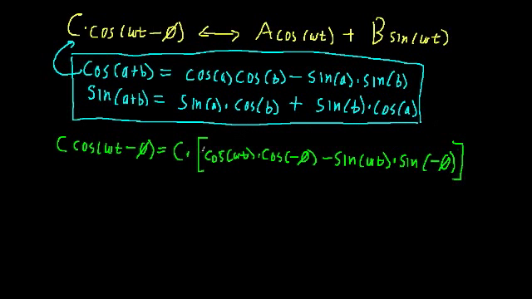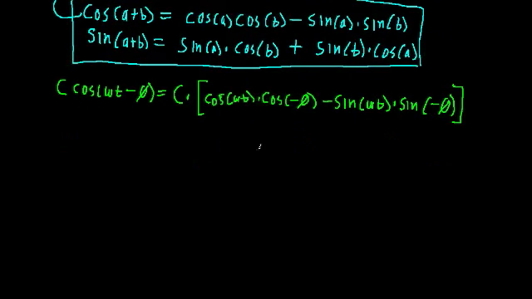So let's try and simplify this a bit. Let's in particular look at these cosine negative phi and sine negative phi terms. In order to simplify them, we're going to have to invoke one other trigonometric identity. You may or may not remember that cosine is what we like to call an even function.